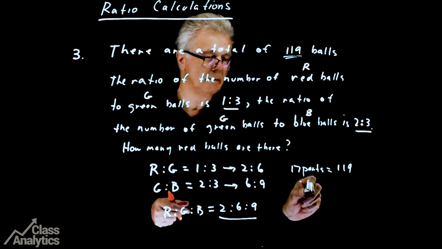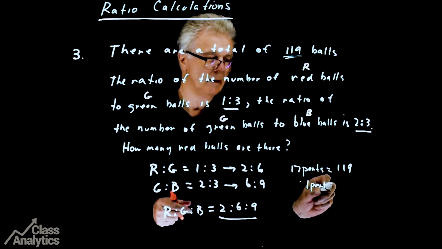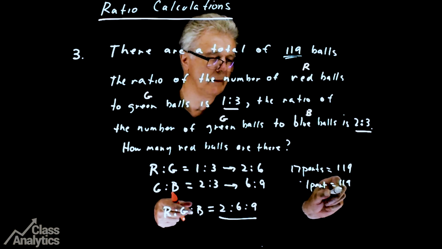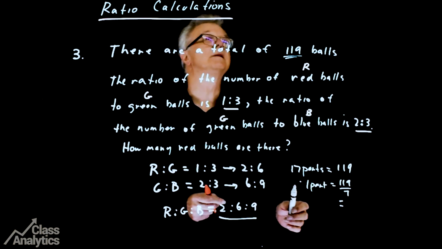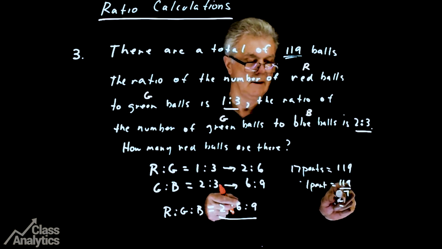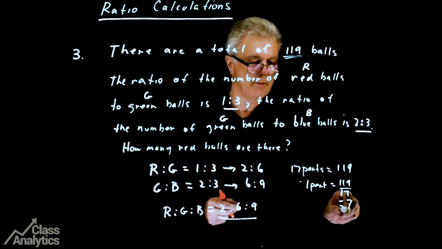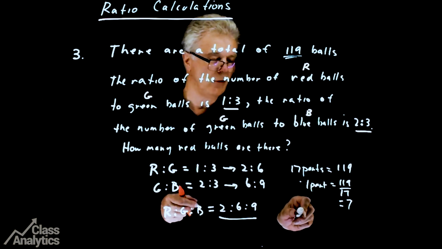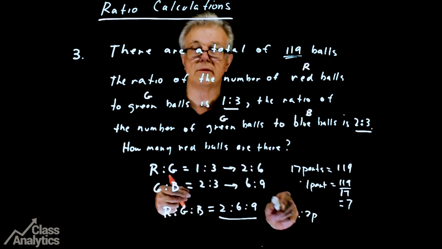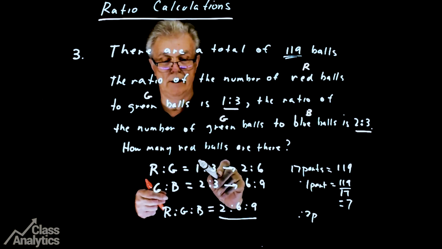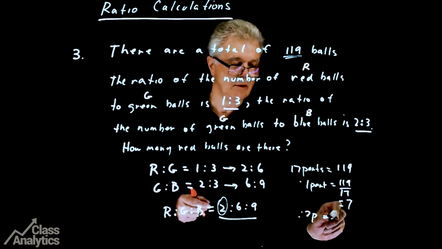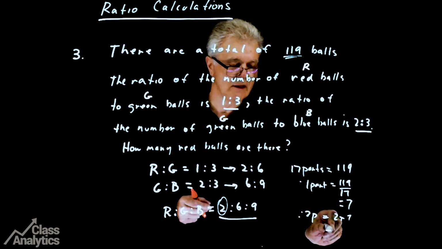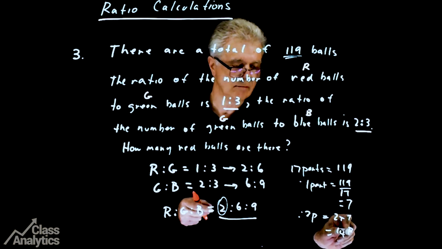So 1 part equals 119 divided by 17. It comes out to 7. And therefore, 2 parts, because that was the number of the ratio here for the red, so 2 parts will equal 2 times 7. So there must have been 14 reds.